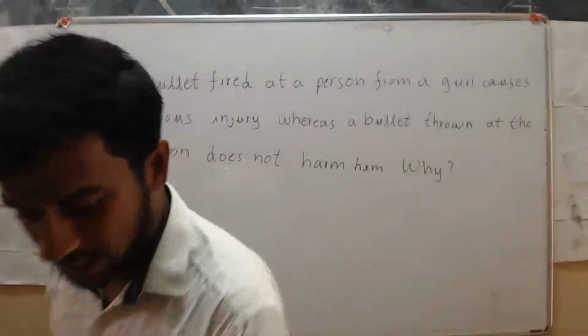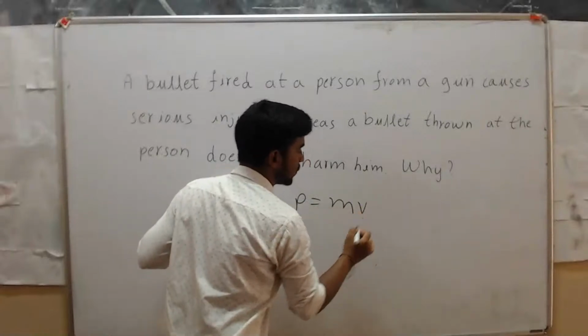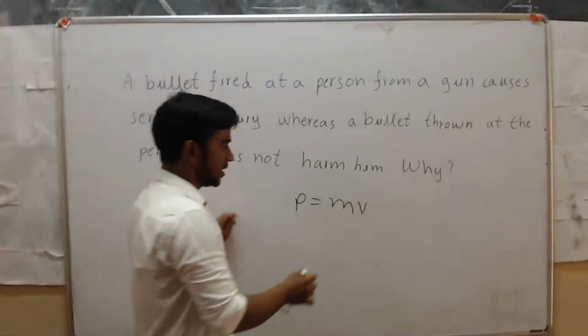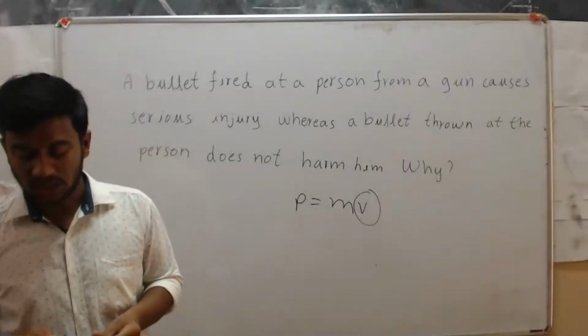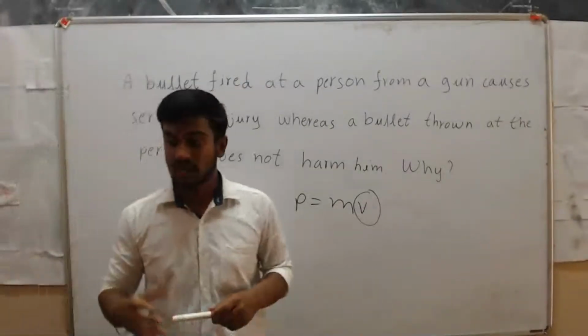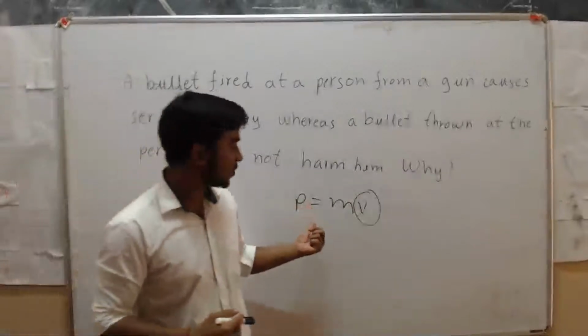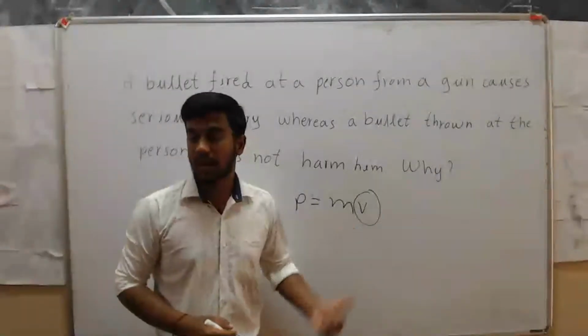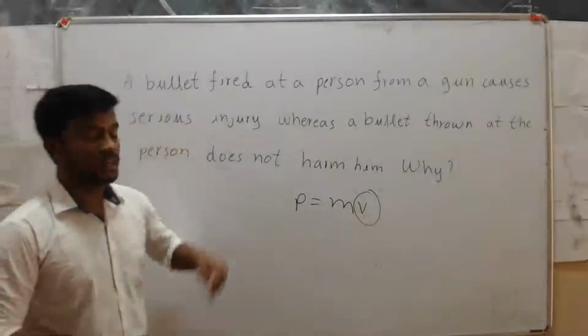Because of the formula P equals m into v. Here the velocity is more, because it is coming from the gun, meaning its initial velocity is more. So that bullet gains more momentum, and that's why it causes serious injury.